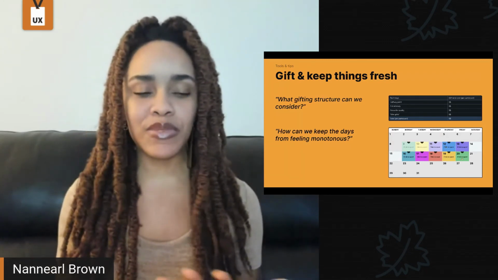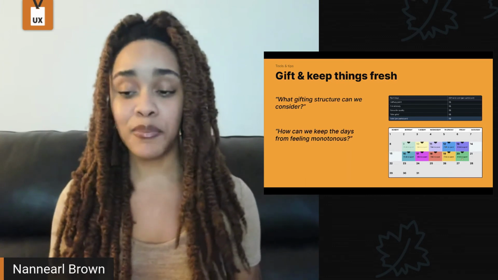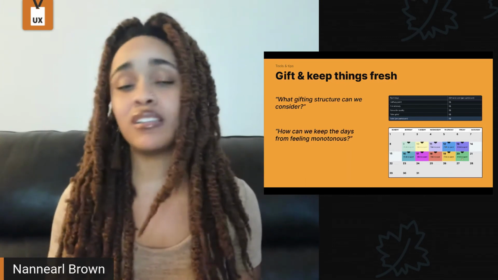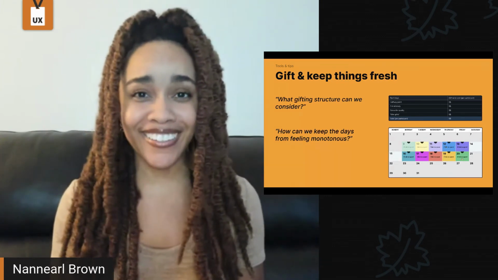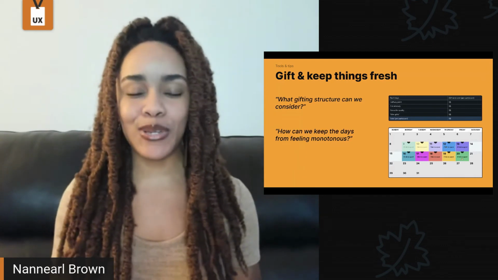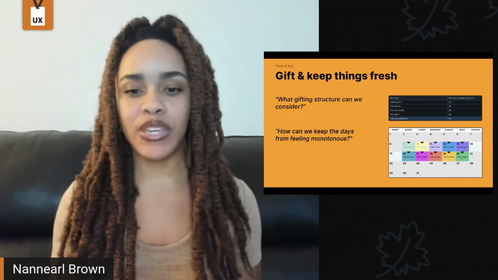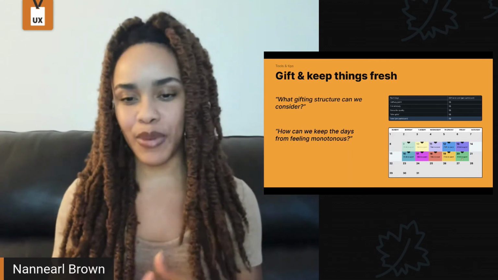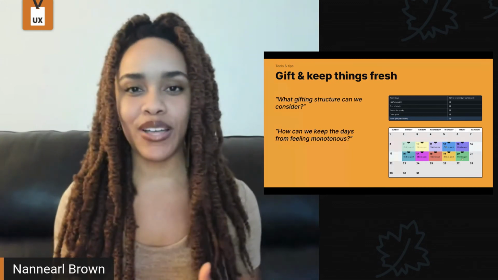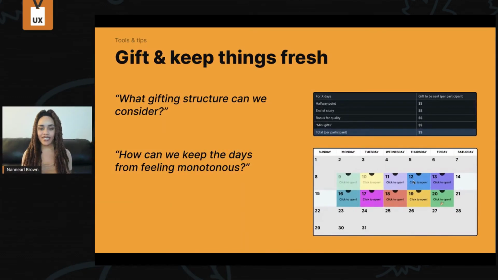Also, how do we keep the days from feeling monotonous? Participating in a diary study, especially a longer one, can get boring, right? We want to make sure that we're keeping people engaged, and how can we switch it up and keep it fresh? Here on the bottom right is an example of one way that I went about doing that. It's a calendar, like an advent calendar of sorts, where participants could click on it.